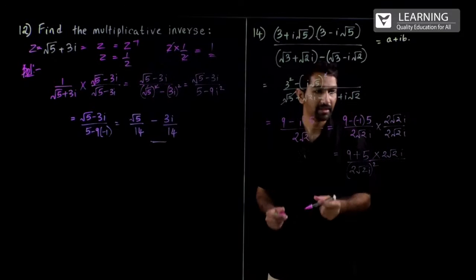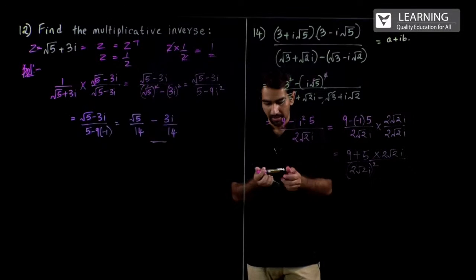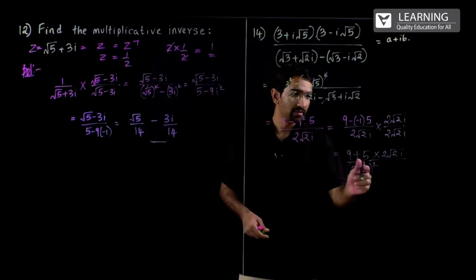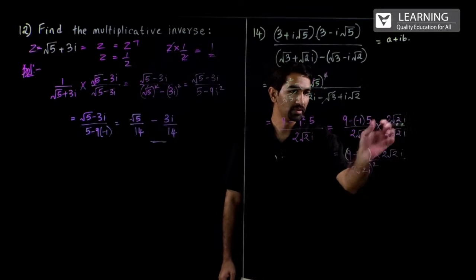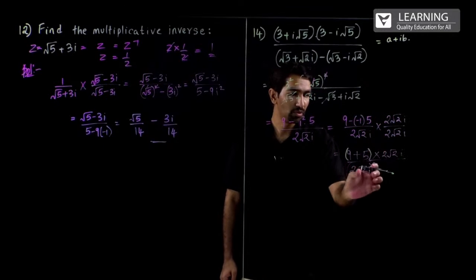So here also I have written i there. So next, this is 9 plus 5 into 2 root 2, divided by 2 root 2 the whole square.